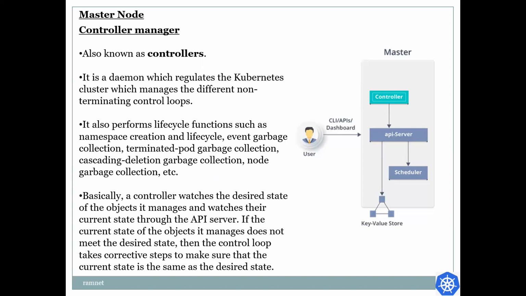Basically, a controller watches the desired state of objects it manages and watches their current state through the API server. If the current state does not meet the desired state, then the control loop takes corrective actions to make sure it comes back to the desired state. It's more of a controlling role, that's why it's called a controller. Next, we can see the API server.